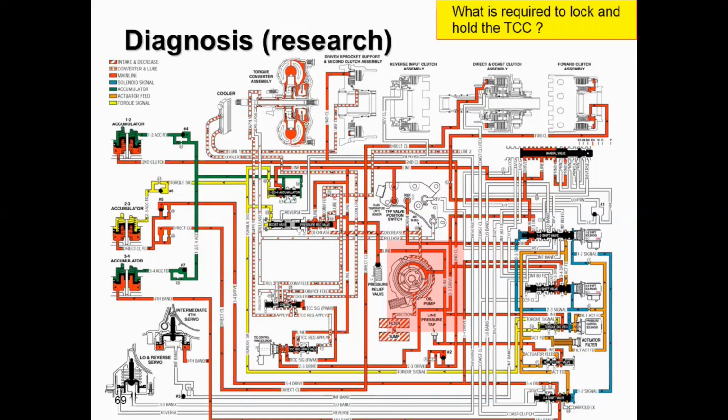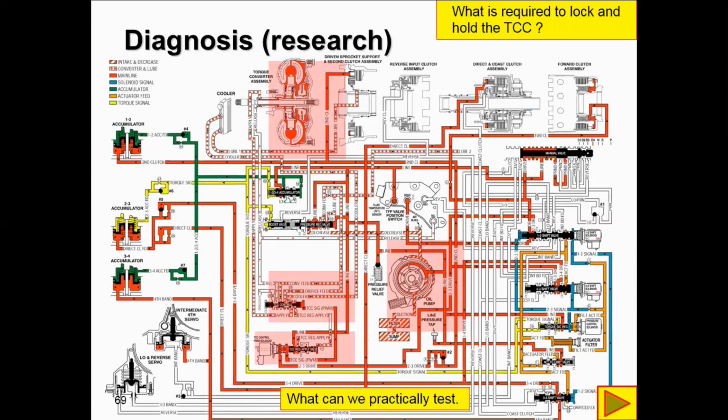But what is required to lock the TC up and hold it? Well, I need good pump pressure. I need the torque converter clutch material to be in good shape. I need the pressure control solenoids and that kind of stuff to do their job. Okay.